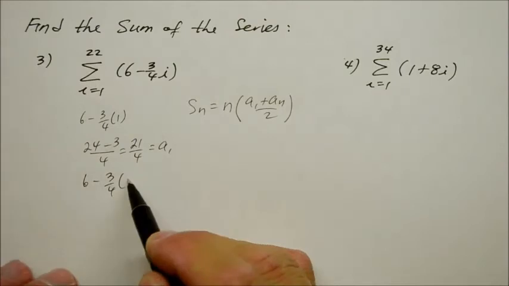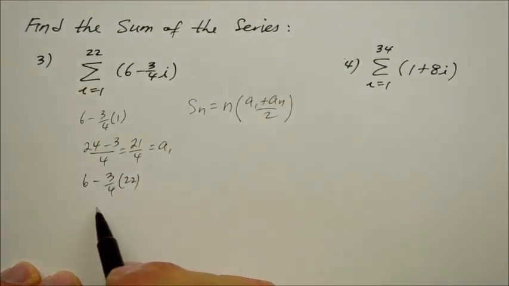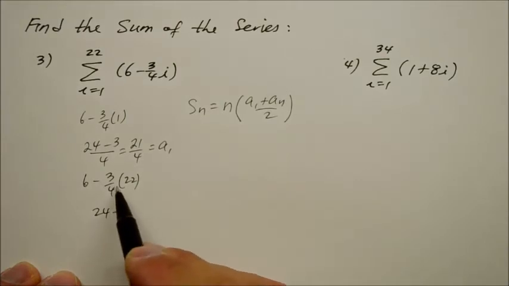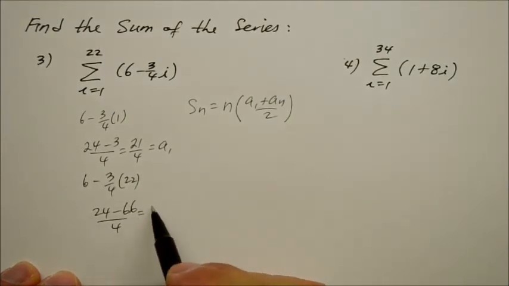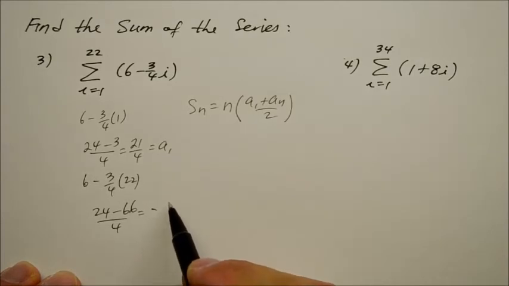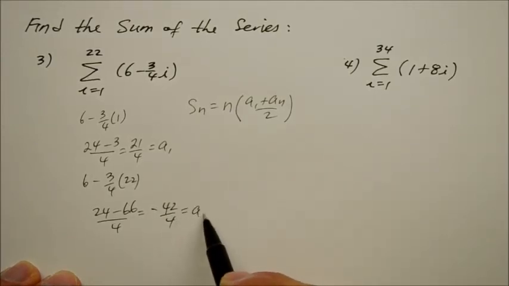The upper limit is 22. So still the common denominator is 4, so that's like saying 24 minus 3 times 22 is 66 over 4. And that's going to become a negative number. It's going to be negative, what is that? 42 over 4. And that's going to be a sub 22, the last of the series.